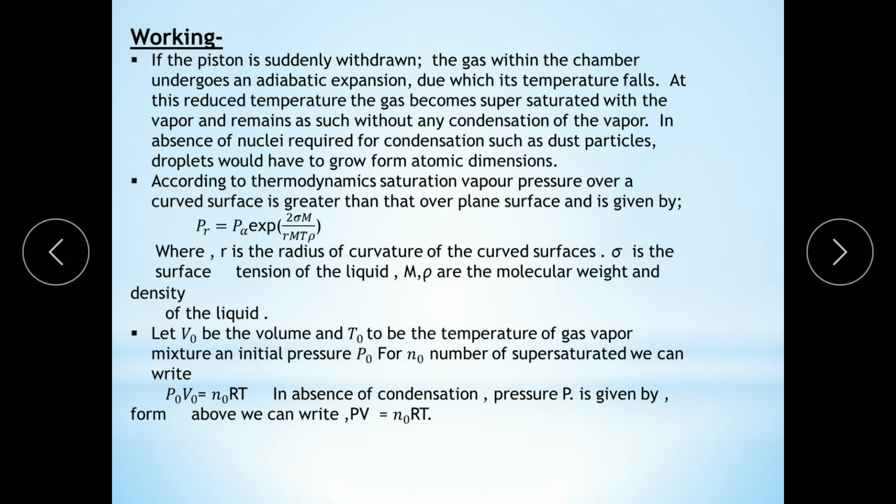When the gas volume changes, we have placed some vapors of that volatile liquid. When the volume changes, the vapors of that volatile liquid increase, and at this reduced temperature the gas becomes supersaturated with that vapor.